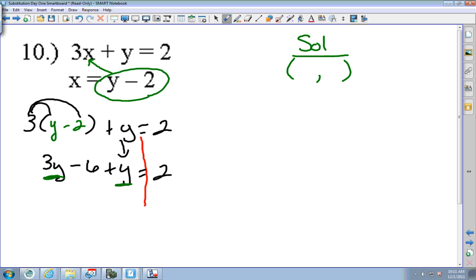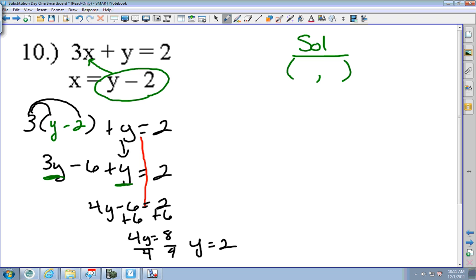How many do you have? Stop telling me 2. I have 3y and 1y. That is 4y minus 6 is 2. I add 6 to each side. 4y equals 8. Divide by 4. What does y equal? Y equals 2.